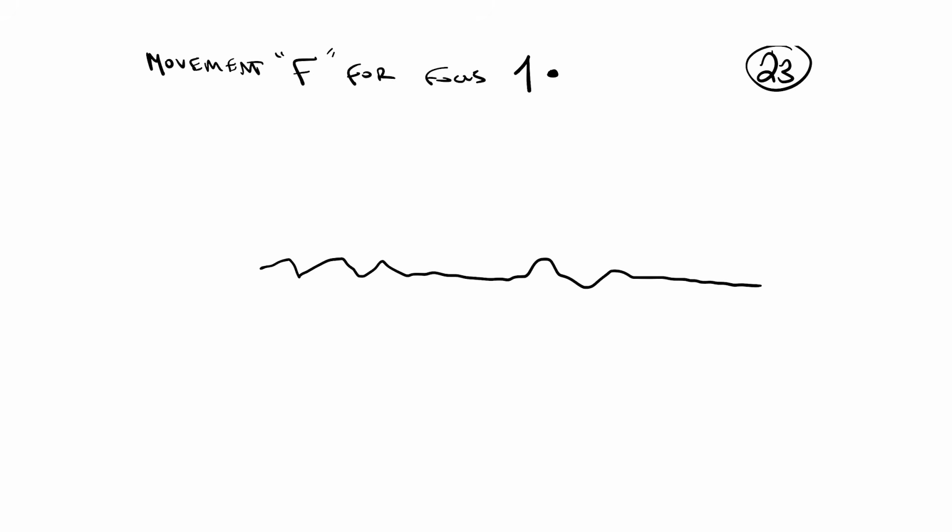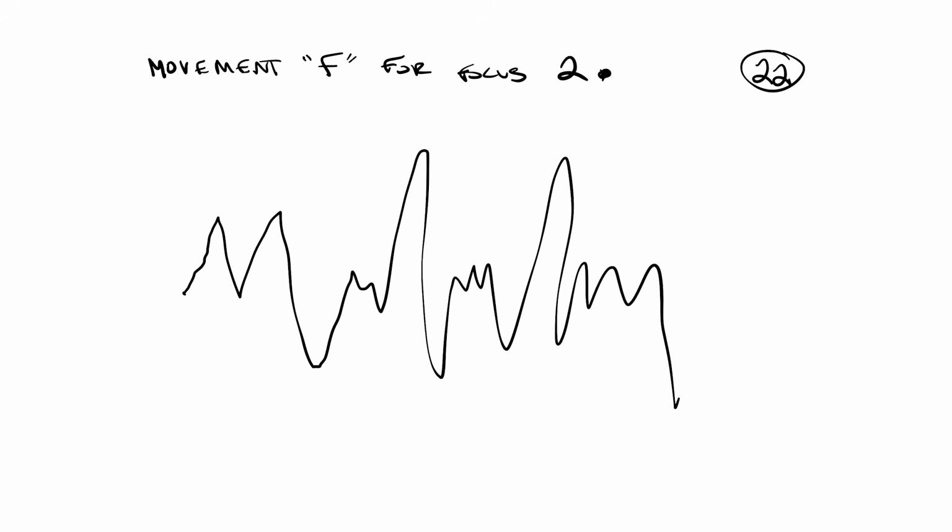And it seems like it's erratic, but it goes up and stuff like that. And then you continue with charting Movement F across Focus 2 and Focus 1. And it seems for Focus 1, it seems to be a bit less volatile, but then Focus 2, it seems far more volatile. So that's the real difference.